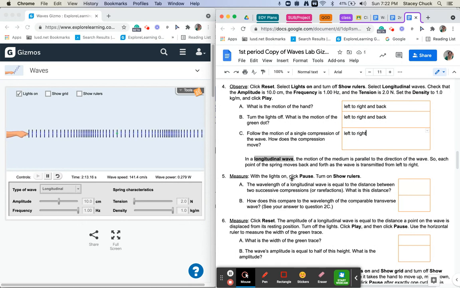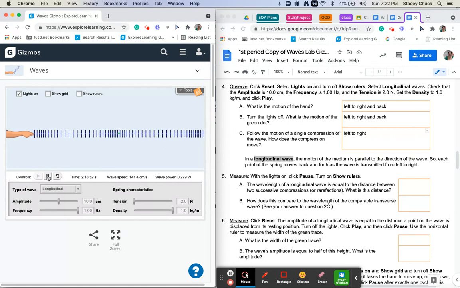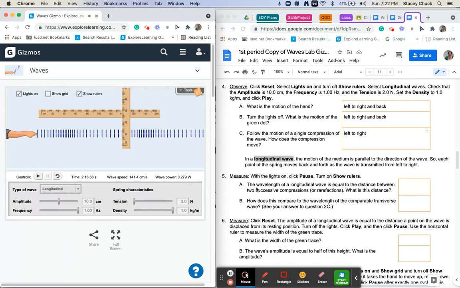Measure with the lights on. Click pause. Show rulers. The wavelength of a longitudinal wave is equal to the distance between two successive compressions or rarefactions.